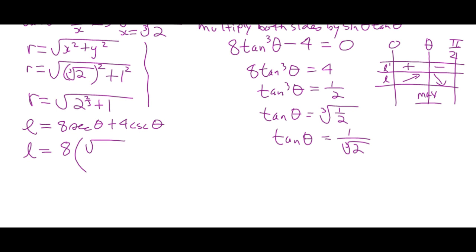So it's the square root of 2 to the 2/3 plus 1 over x, which is the cube root of 2. So that's the secant of theta. And the cosecant of theta is r over y. So that's just going to be 4 times the square root of 2 to the 2/3 plus 1.